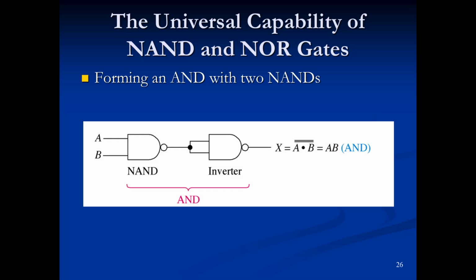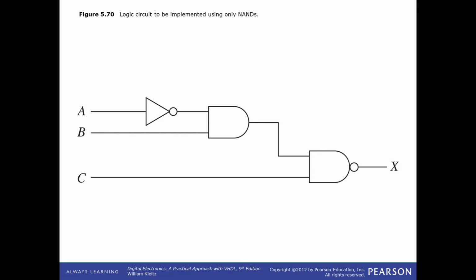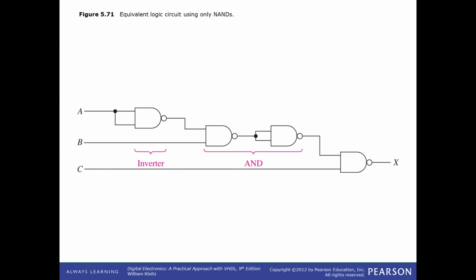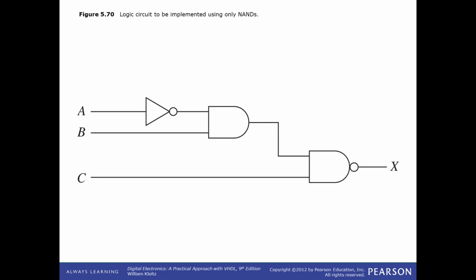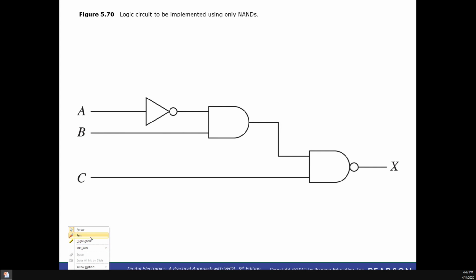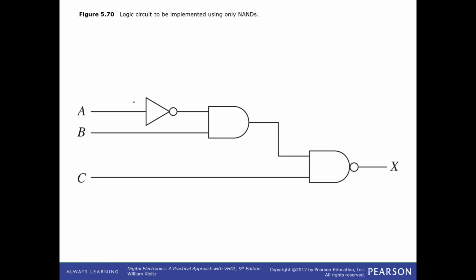Rather, if we want to implement this circuit, let's say, where we want to invert A, AND it with B, and then that whole thing we NAND with C. Well, how do we do that? We already know how to make an inverter with NAND gates.